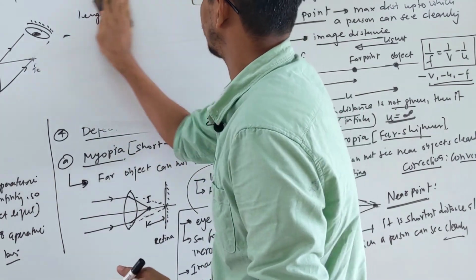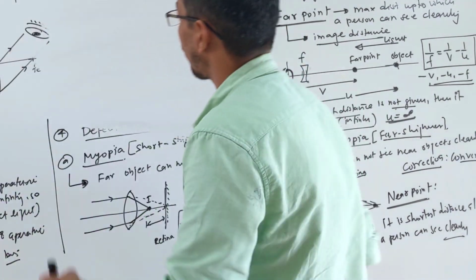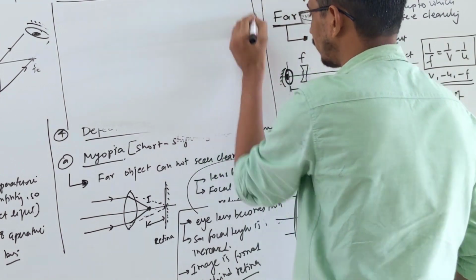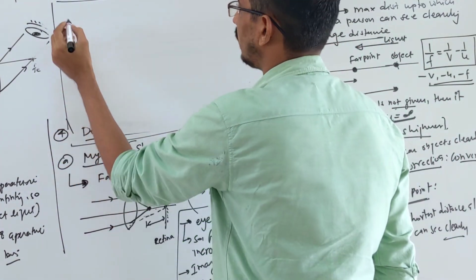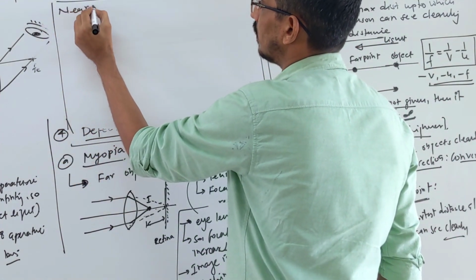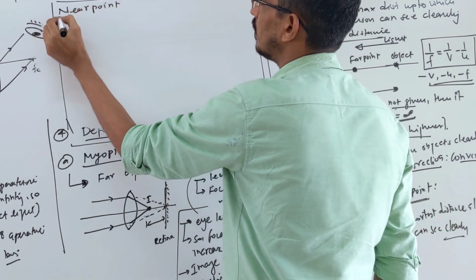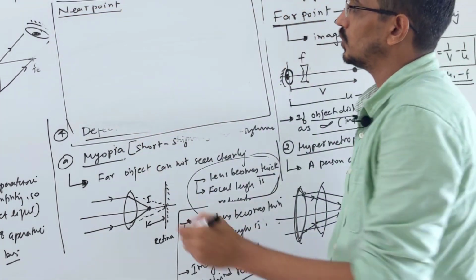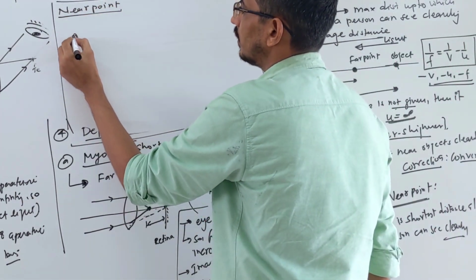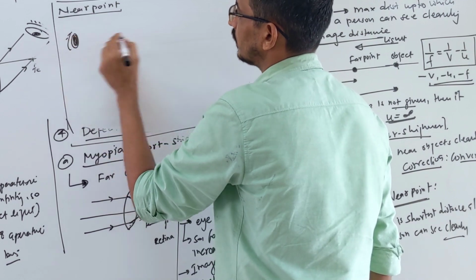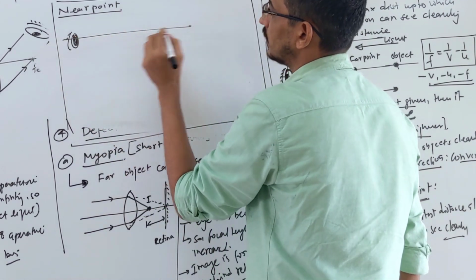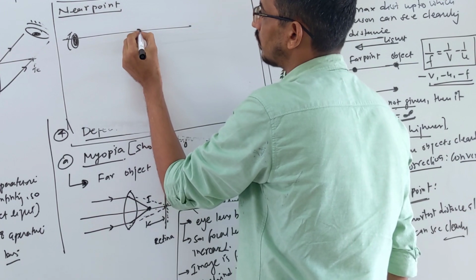This defect, right? So look here, let me write here clearly. Once more, I was talking about the near point. Suppose this is your eye, and you are watching an object. Suppose this is your near point.